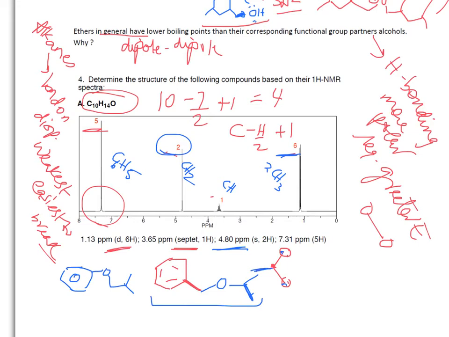The answer to that lies in the fact that, notice the CH2, the benzylic hydrogens, if those were present in the completely blue structure, then you should have seen splitting over here as well. So this should have been shown as a doublet, and we didn't see that. And instead of a septet, you should have seen a multiplet, a big splitting pattern, and you don't see that. So this is not the correct structure. The benzyl isopropyl ether is the correct answer to this question.